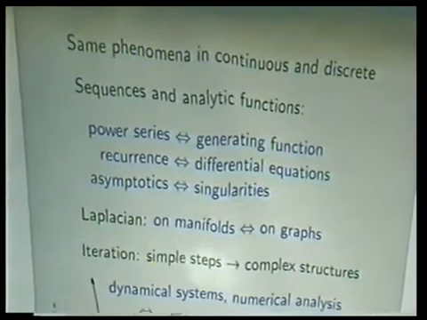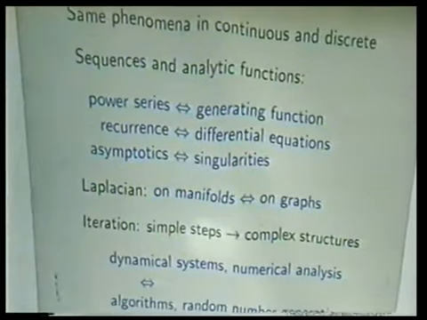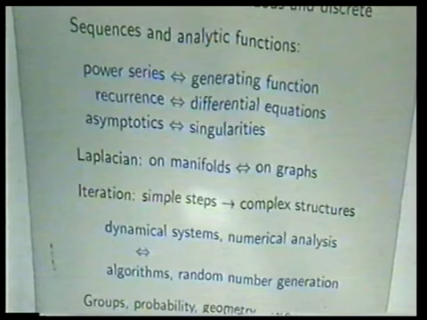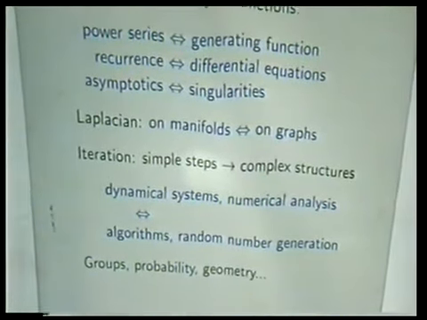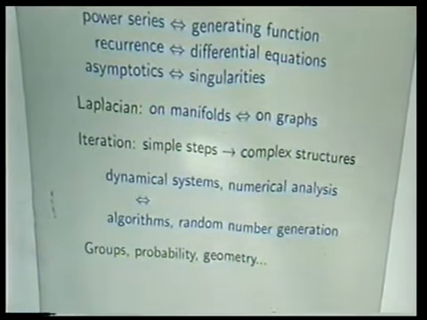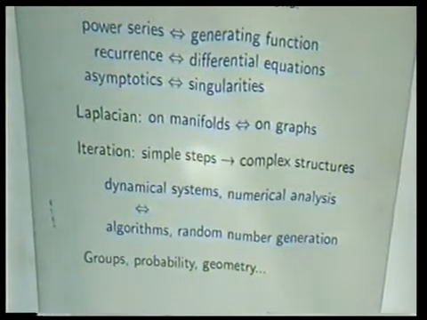So, for example, sequences and analytic functions, and somebody, I think, mentioned this yesterday, that you have a recurrence and how interesting it is that it translates to a differential equation and vice versa. Or results about the asymptotic behavior of a sequence translate into results about the singularities of the generating function and so on. This is all very old classical stuff.